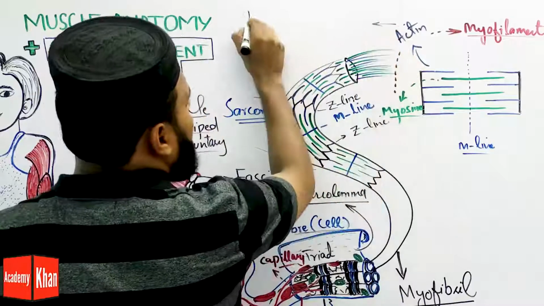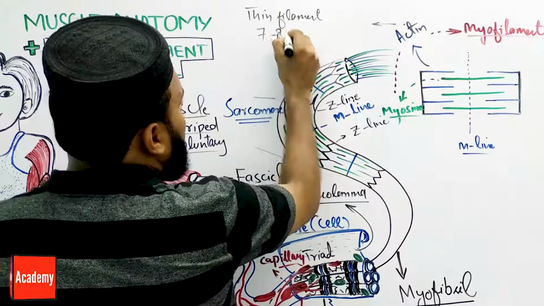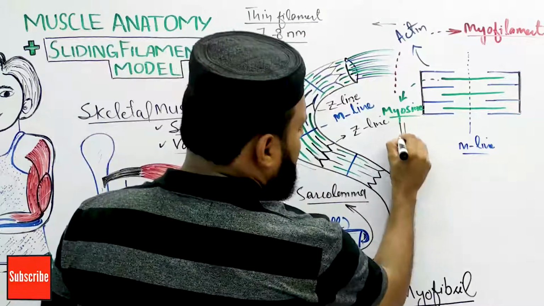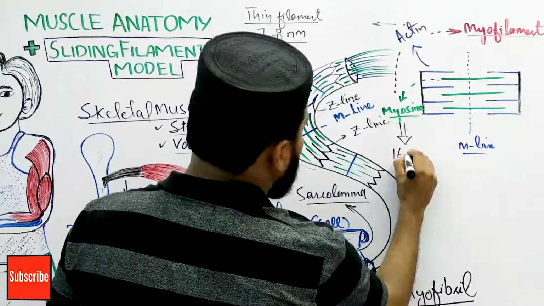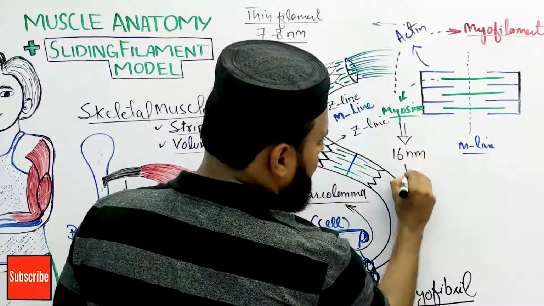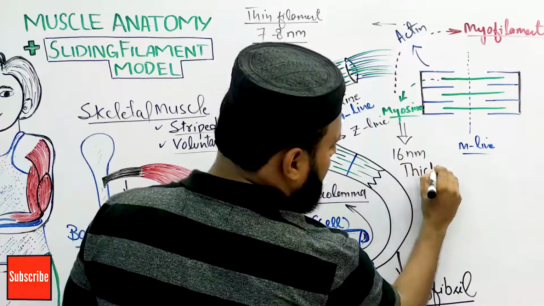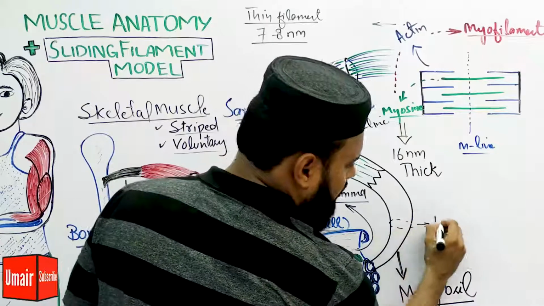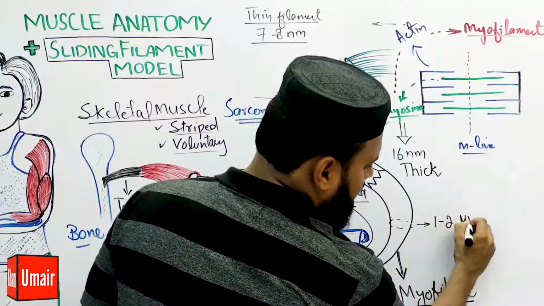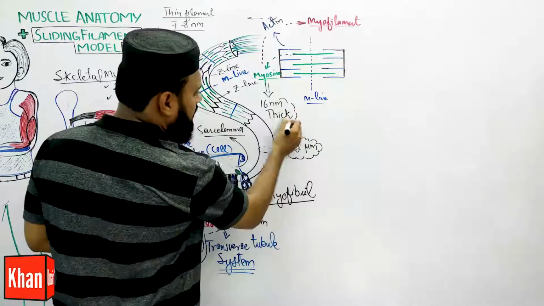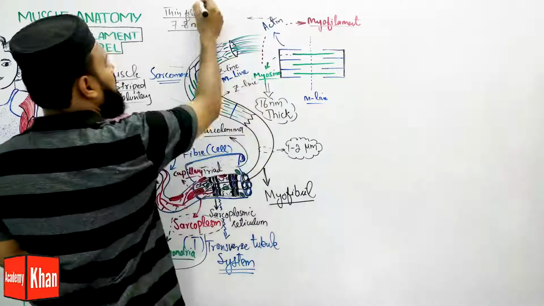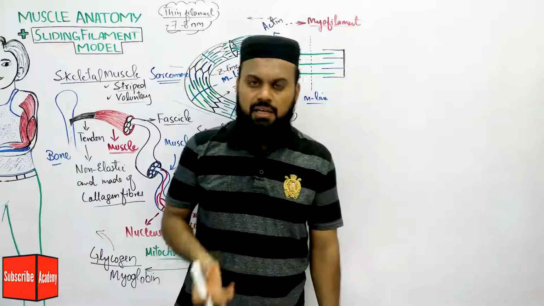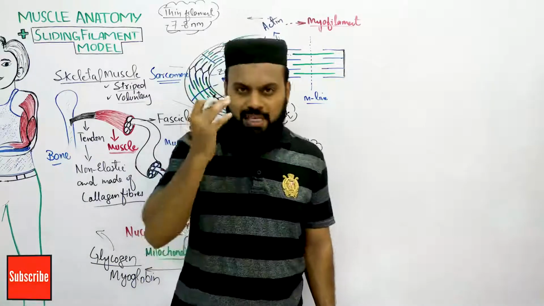Actin are thin filaments, 7 to 8 nanometer in diameter, while myosin is 16 nanometer in diameter. So they are called thick filaments, while the myofibril in diameter is about 1 to 2 micrometer. So understand these terms as well as their information. This kind of information may be asked in entrance tests, so keep it in mind.